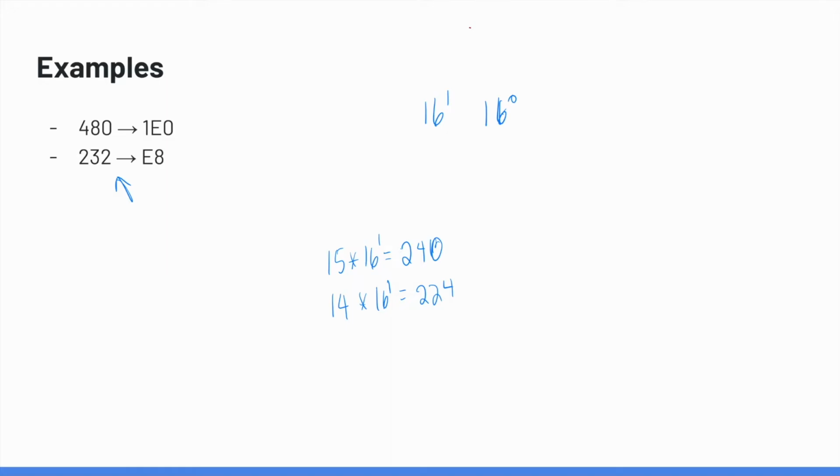So if we put E right here, that means we would have 232 minus 224, because 224 is what E gives us. That's 14 times 16 to the power of 1. And that leaves us with 8 to account for. So we're just going to have 8 right here, because 16 to the power of 0 times 8 is just 8. Again, another simple example, but I think it gets the point across.